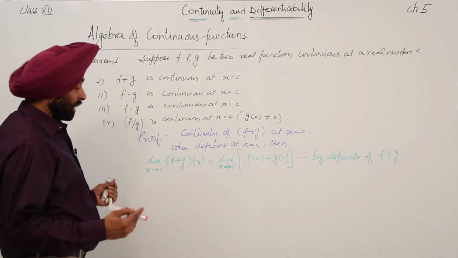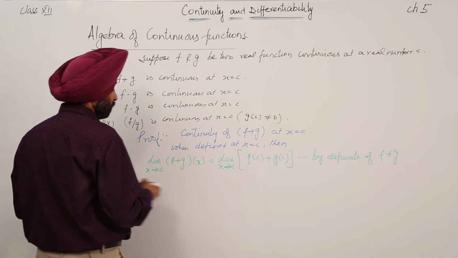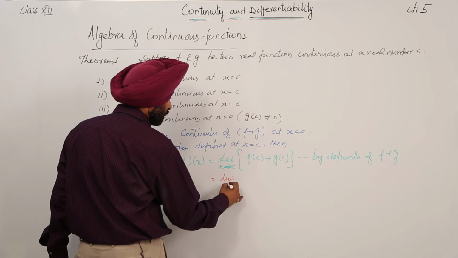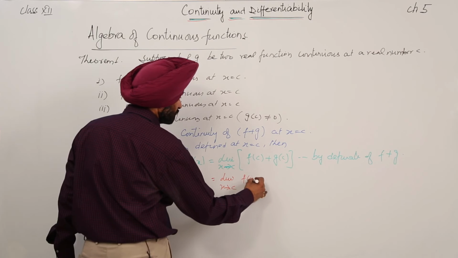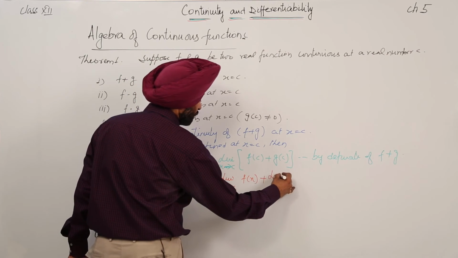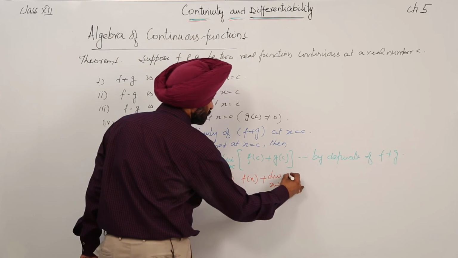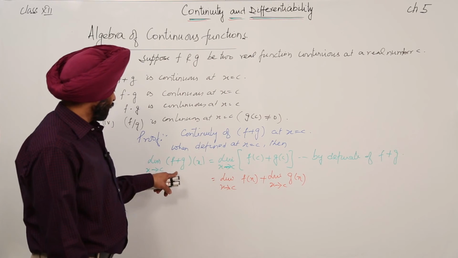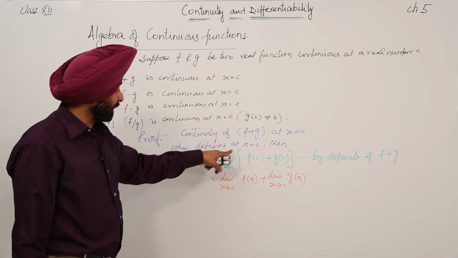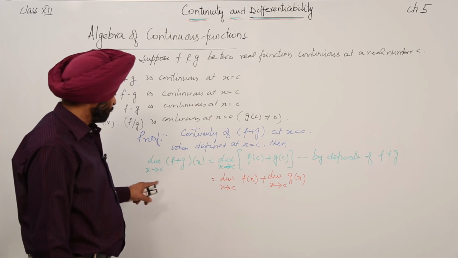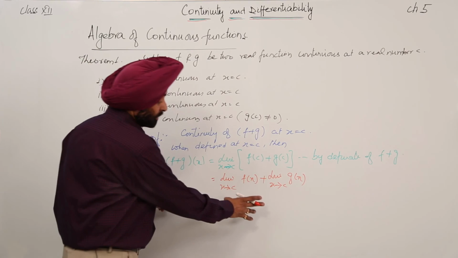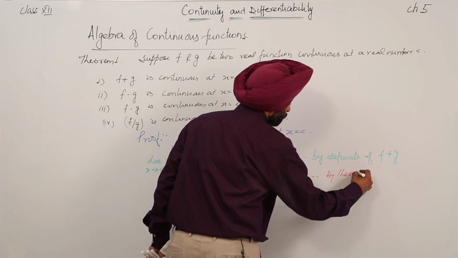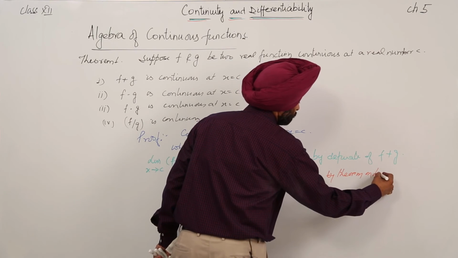Okay, now applying the limits, what are we getting? When we are applying the limits, we are having limit x approaches to c f(x) plus limit x approaches to c g(x). Earlier, when it is defined at c, then we can write this part. When we are applying the limits, then we can write like this, by theorem on limits.